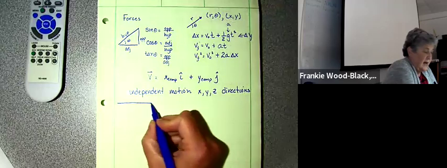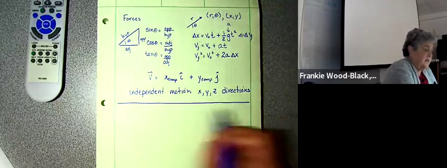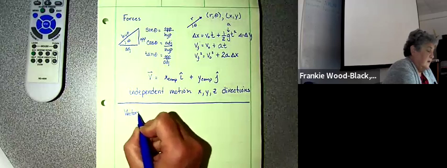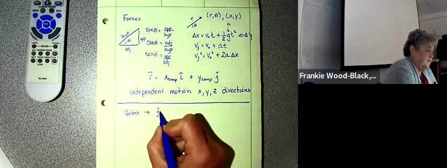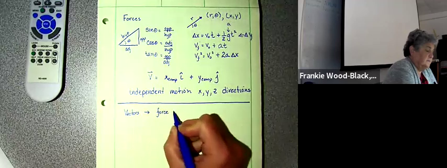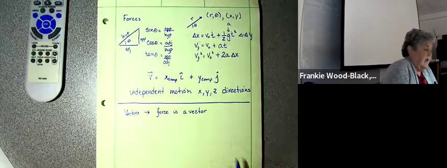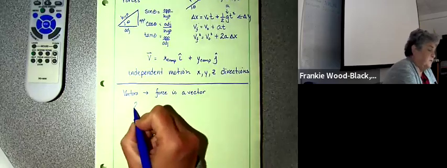What we're going to do now is we're still going to be dealing with vectors, because force is a vector. And we have 2 types of forces.